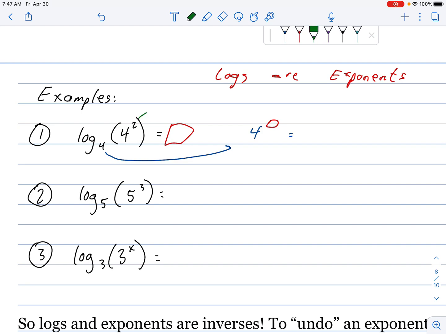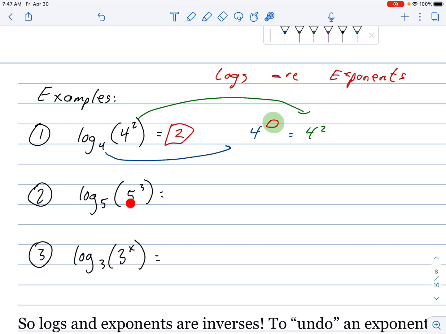What is my exponent? And how do I get 4 squared? Well, that's just 16. I don't know why we would write 4 squared. How would I get to 16? With a 2. But if I left that as a 4 squared, that's telling me the answer. 4 squared, that's 16. 4 to what power gives me 4 squared? Well, it's the 2. It's saying the same thing.